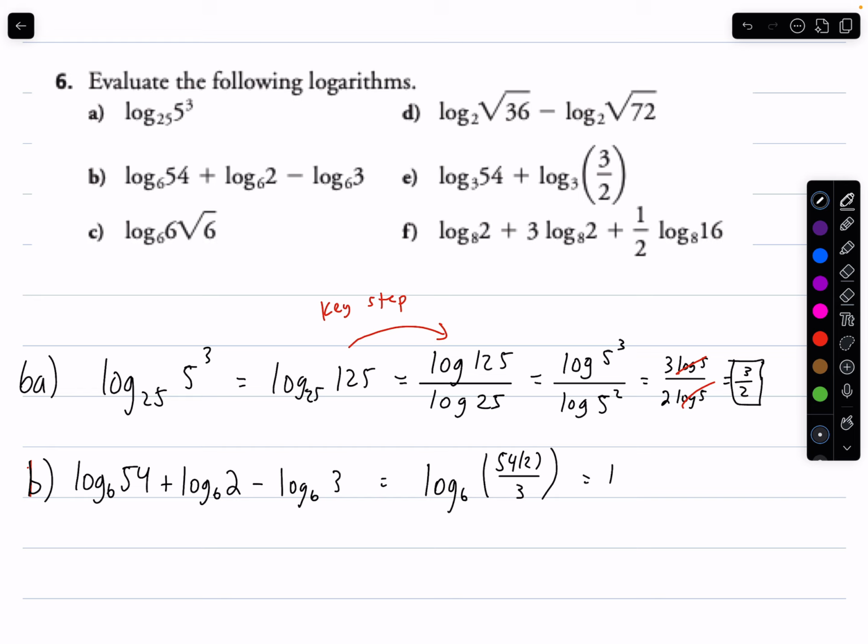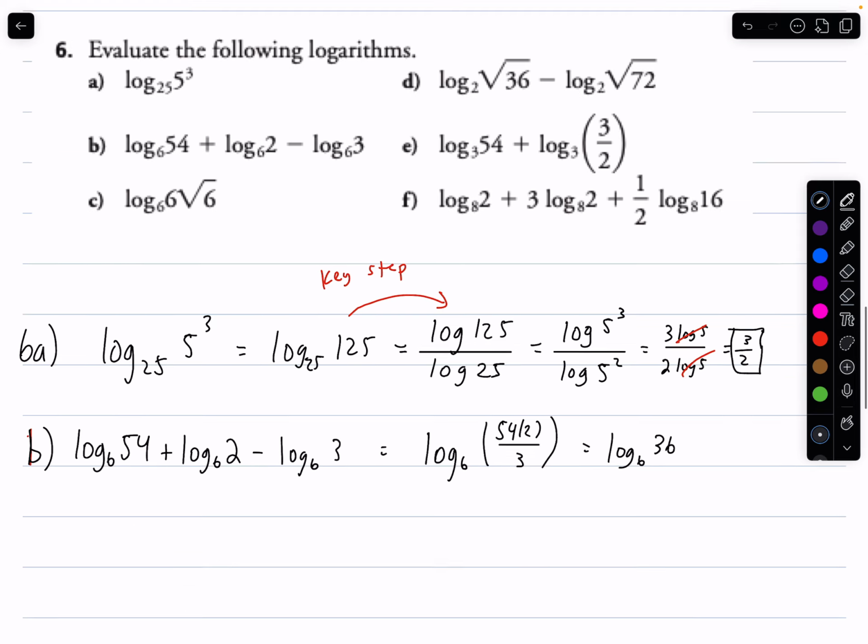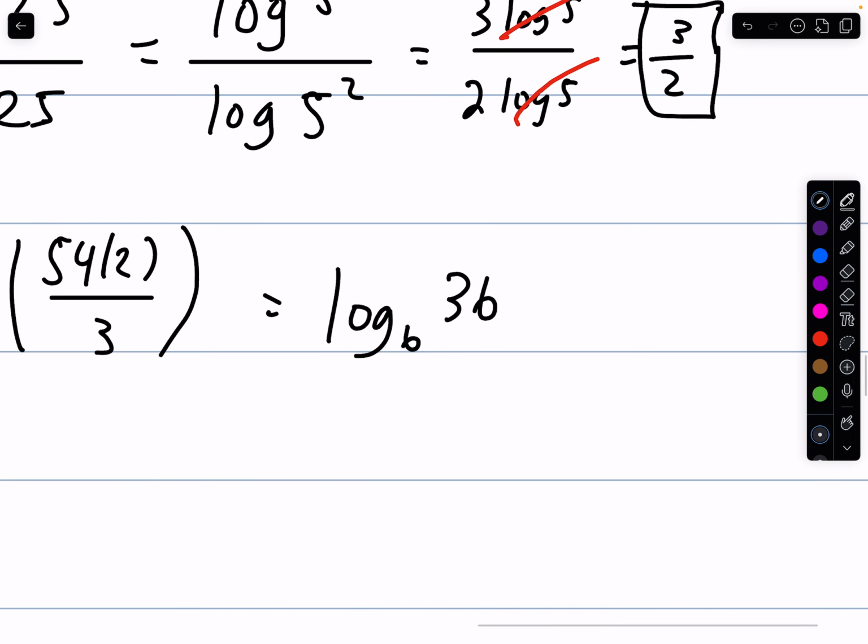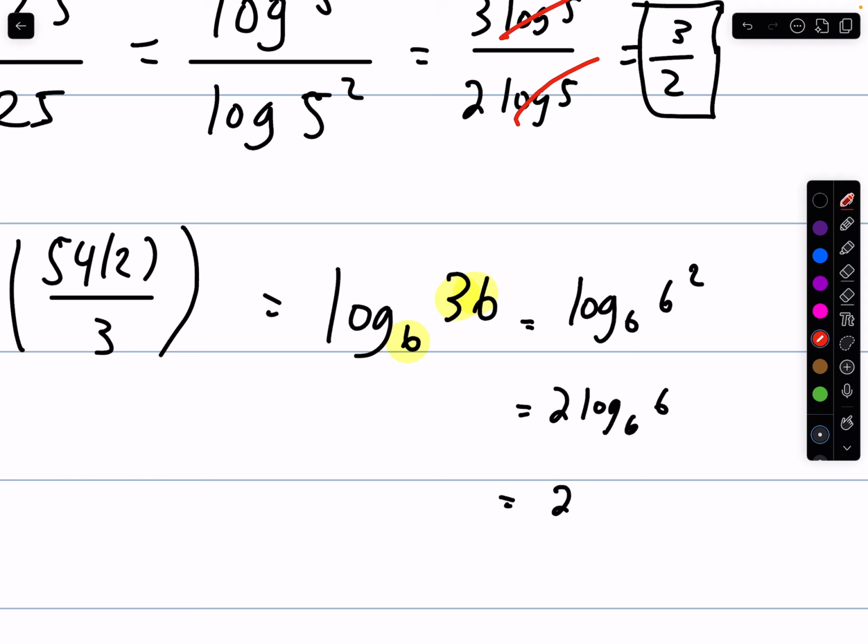So we have log base 6, and then we can put this in our calculator: 54 times 2 divided by 3, which gives us 36. But notice here with log base 6 of 36, is there a relationship between the 6 and the 36? Yes, there is. I can rewrite this as 6 squared, and then I can drop the 2 to the front, and then I'll just be left with 2, because log base 6 of 6 is just 1, so all I'm left with is the 2 at the end.